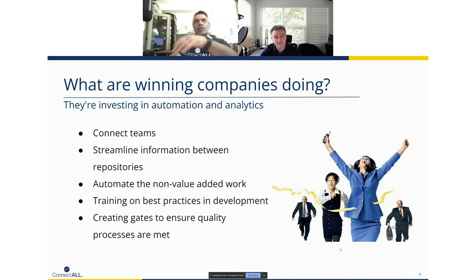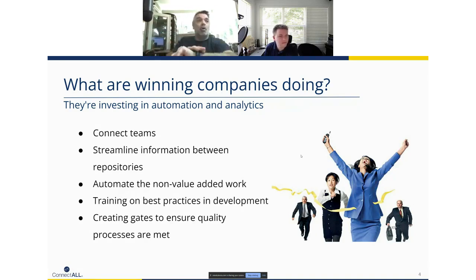A lot of our companies come to ConnectALL, especially around this market segment, just to manage that, a fully integrated connection between your requirements tools and your testing solutions, right? Tosca is one of the ones that we work with quite a bit. And people have things in Rally, and they put their acceptance criteria in there, but then that needs to flow into Tosca so they can use Q-testers, other tools.